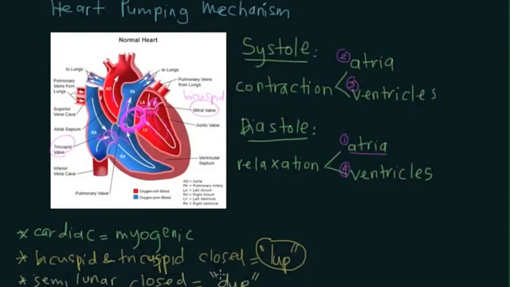So that's how you get the production of the loop-doop sound of the heart. The first sound is caused by the closing of both the bicuspid and tricuspid valves at the same time during contraction of the ventricles.